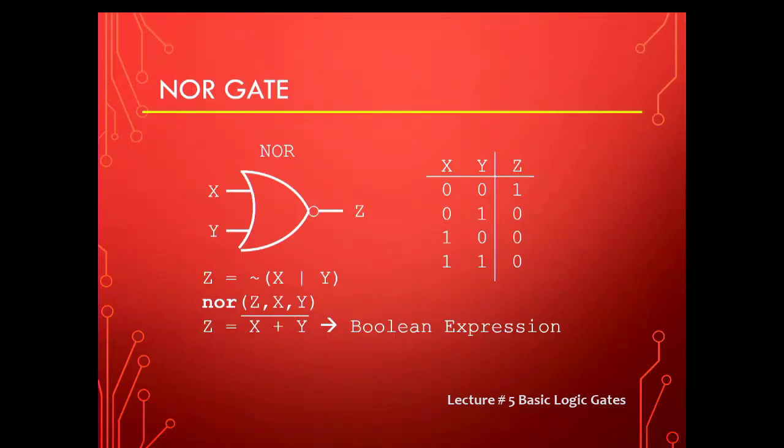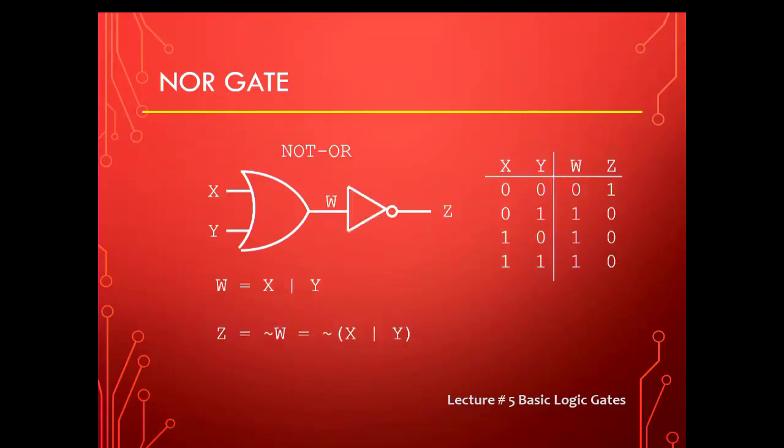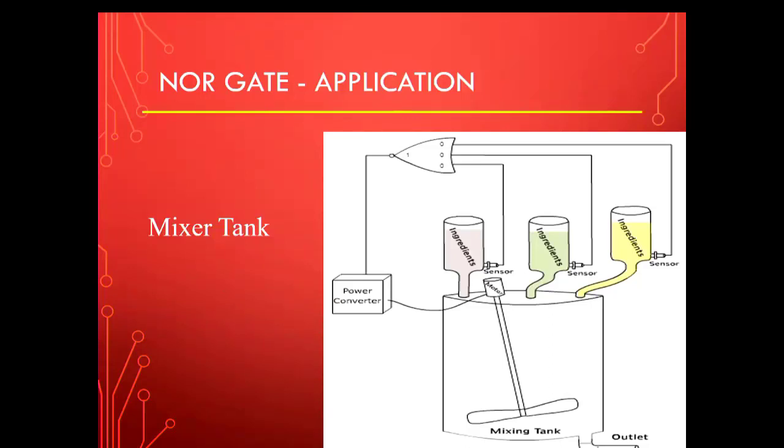The expression in Verilog would be X, and then you use this vertical line for the OR, and then this tilde sign, basically the opposite of OR gate. The Boolean expression for an OR gate is X plus Y, and you've got a bar on the whole thing because it's an opposite of OR. So this horizontal line represents a complement. Another representation for a NOR gate could be this OR gate connected with an inverter at the output.